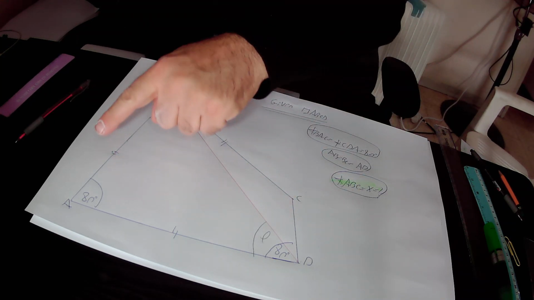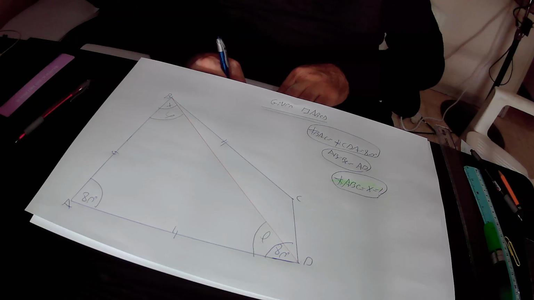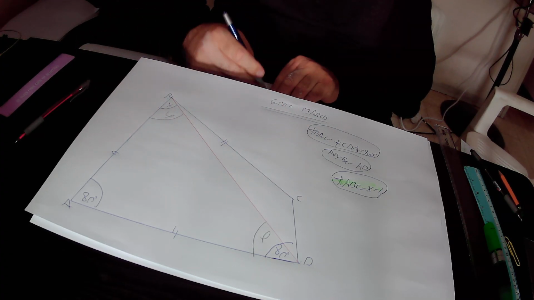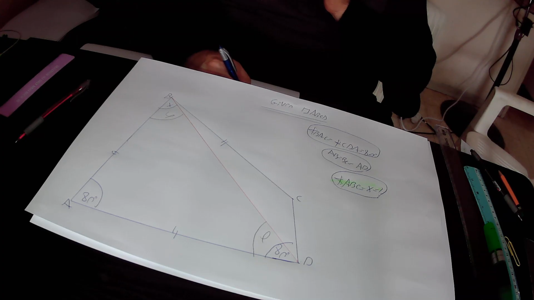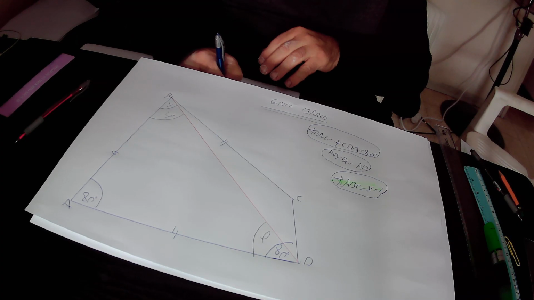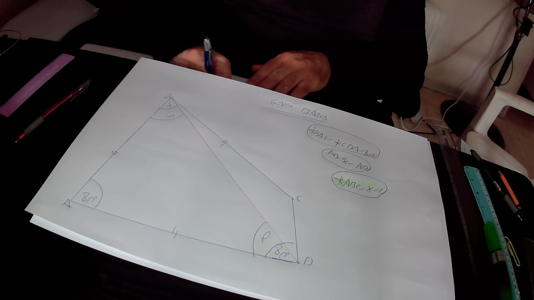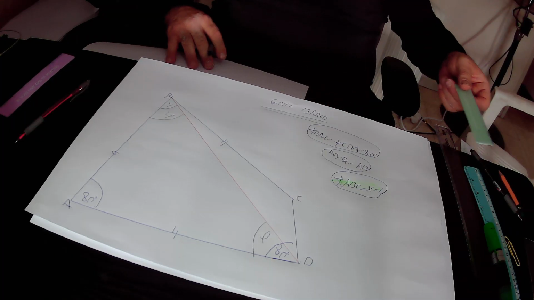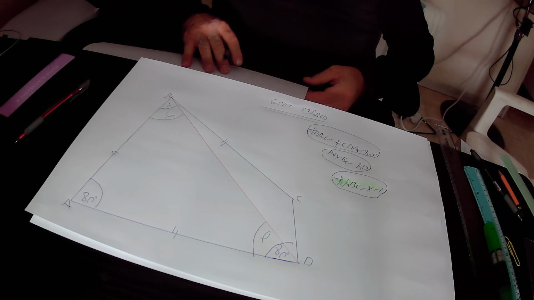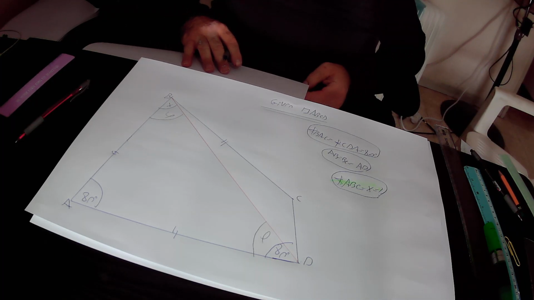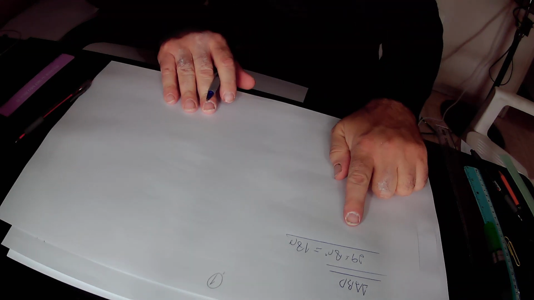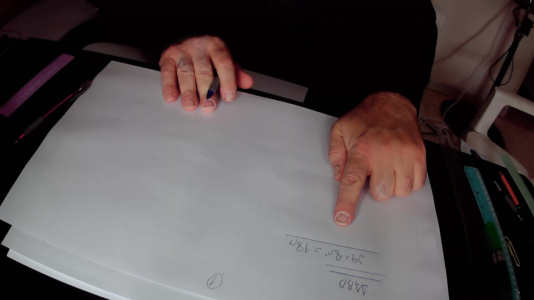That is to say, 2 alpha plus 80 degrees in total must be equal to 180 degrees. And again, in triangle ABD, the sum of the angles must be equal to 180 degrees.